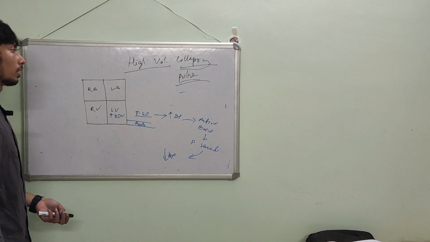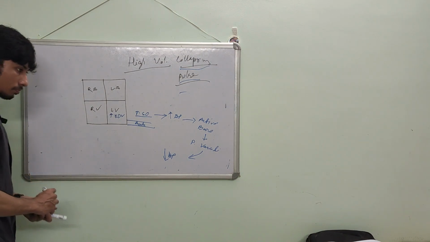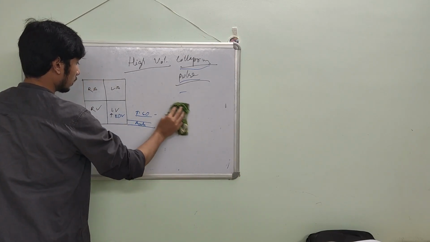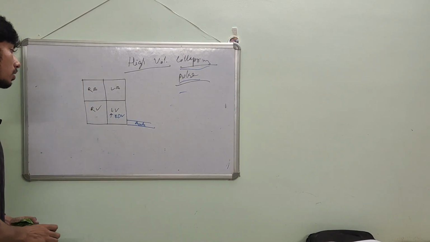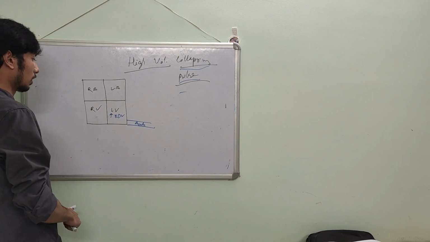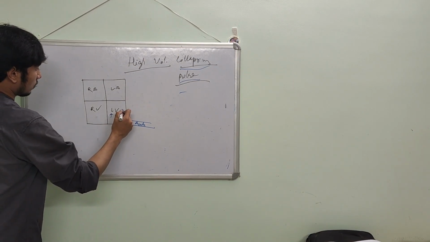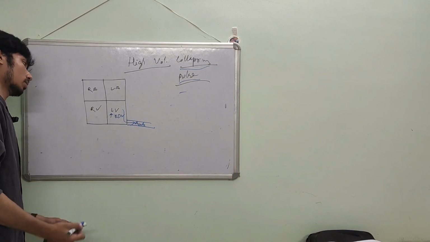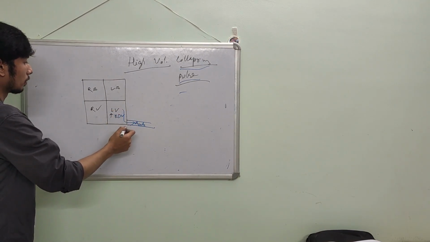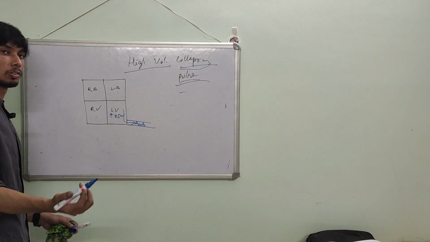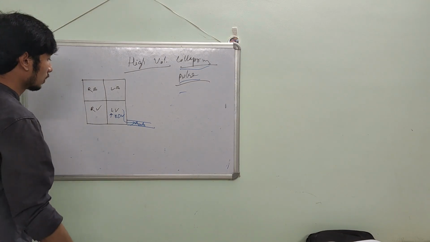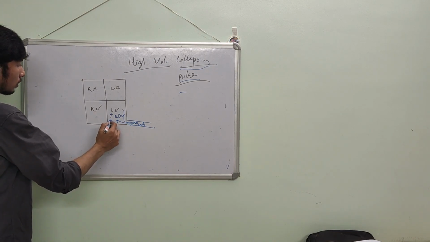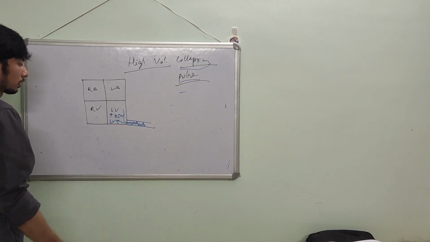It is also called water hammer pulse. Another thing, for example, in case of aortic regurgitation, what happens is that after one systole, blood is going from the left ventricle to the aorta, but due to incompetency of the aortic valve, blood is coming back from the aorta to the LV, right?